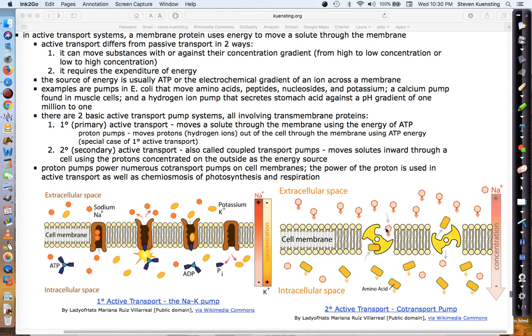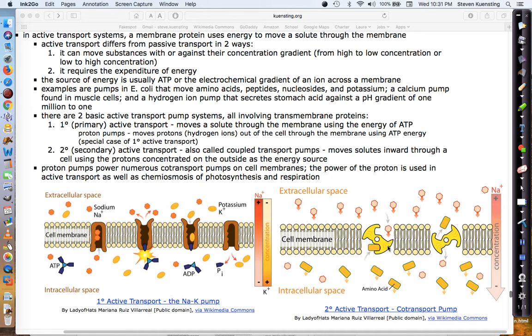Over here, what's happening is the amino acids are being brought in by a special protein as the protein is consuming the energy of these ions. I think the author has put these are sodium ions here, and the sodium ions are being consumed by these proteins to pull amino acids through the membrane.